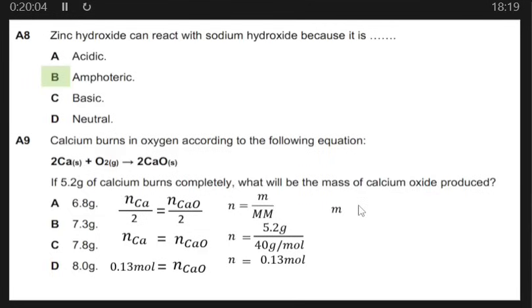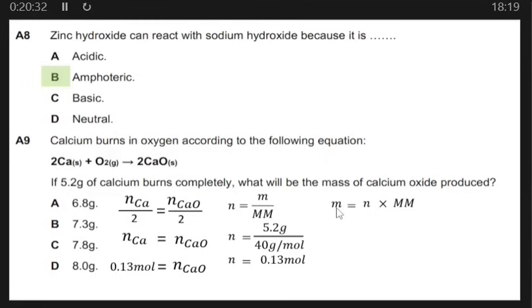So we'll say mass is equal to number of moles times molar mass. You need to know how to change the subject of the formula in science, and I already did a video on how to change the subject of the formula. You can click on the link appearing here to learn more.